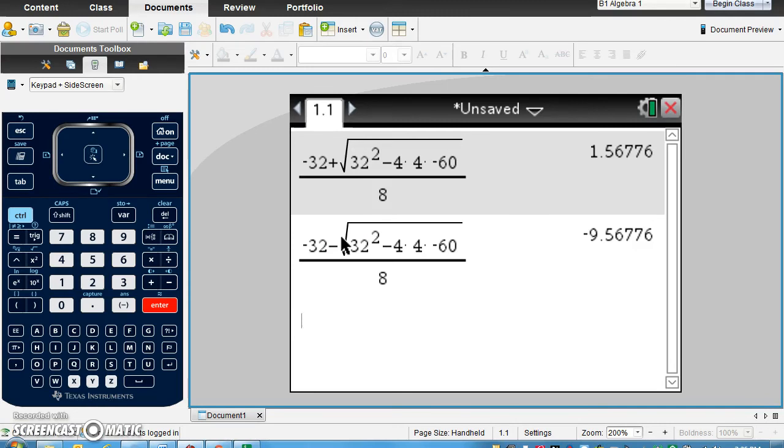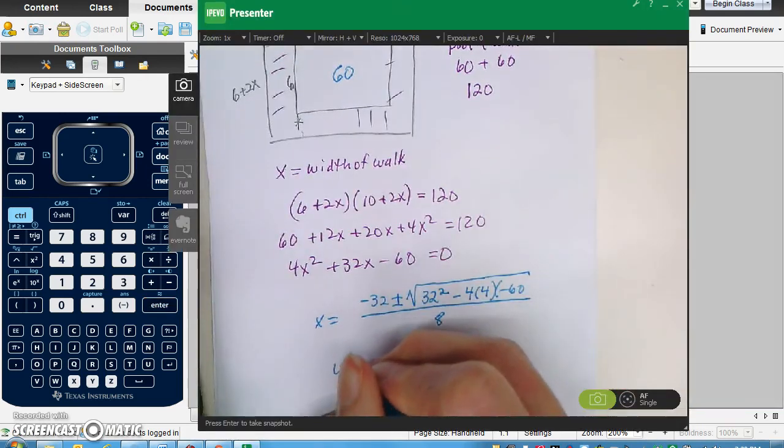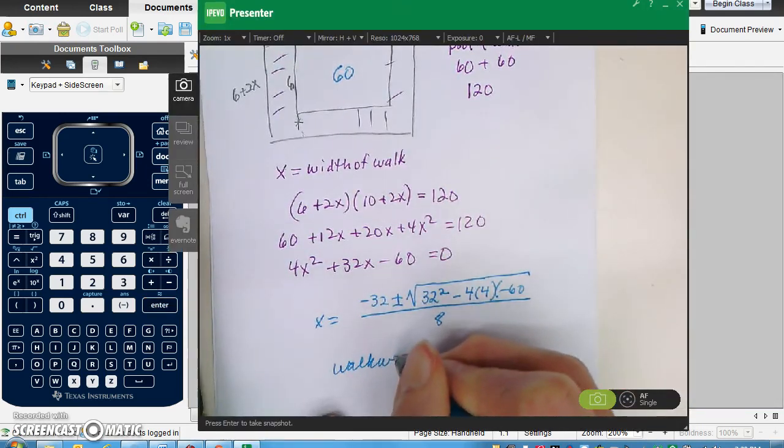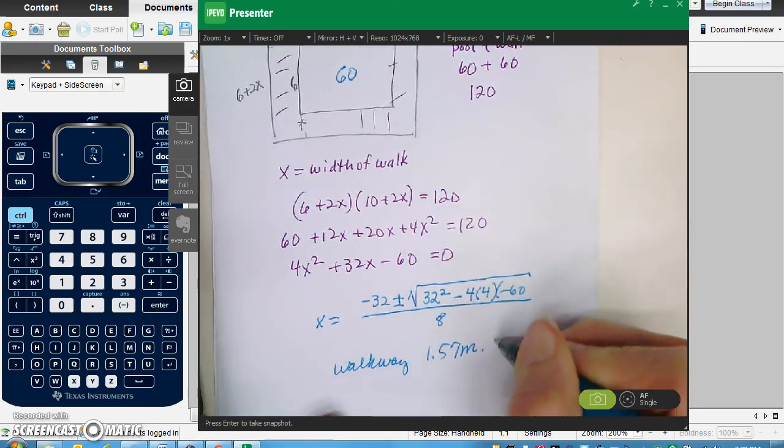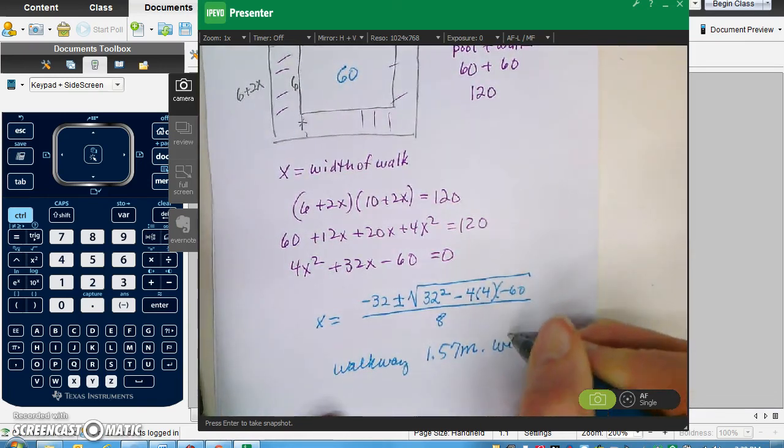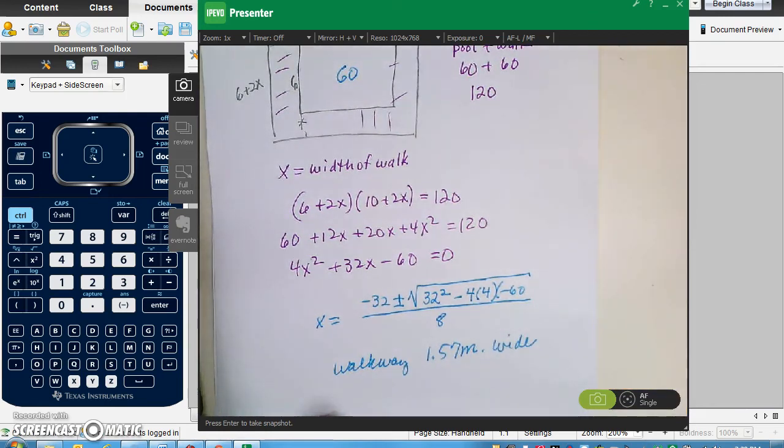And of course my walkway can't be a negative number of meters. So my answer then is just the 1.57. So the walkway is 1.57 meters wide. And we'll finish this up next class.